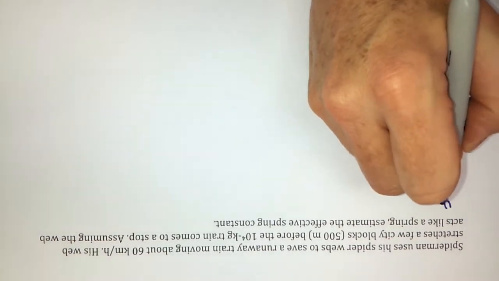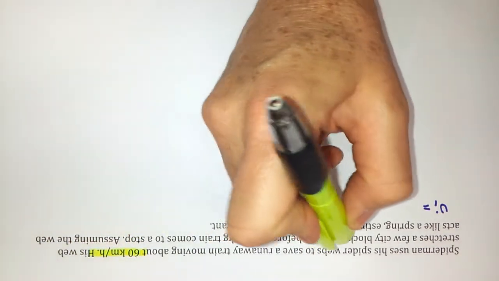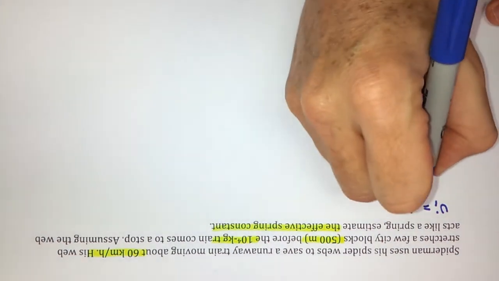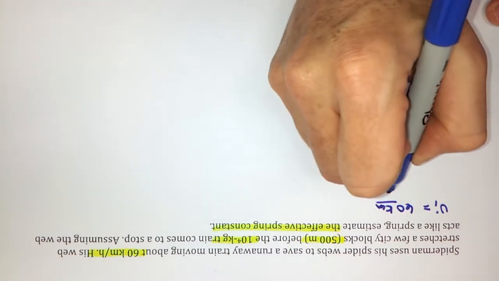So let's pull out the information that we have. Key information: our vi is 60 kilometers per hour.